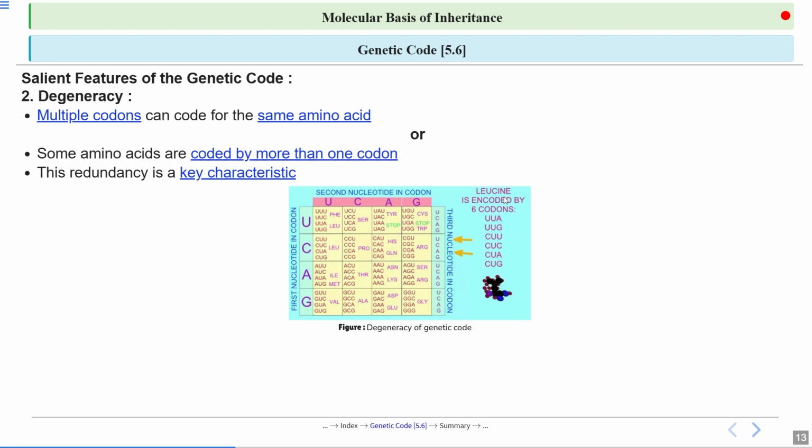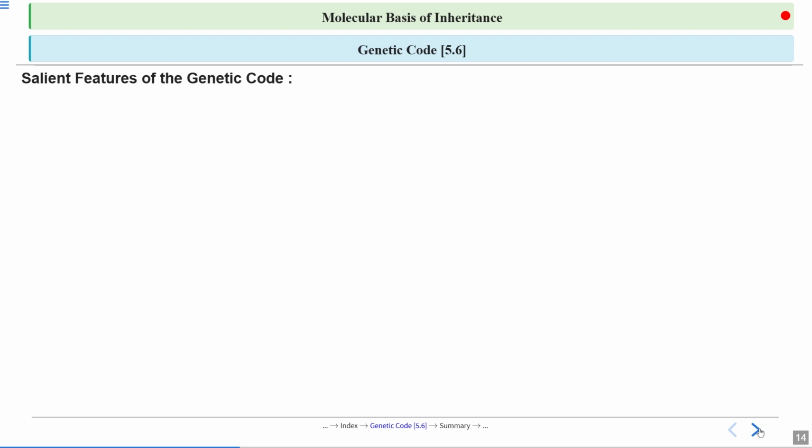And that's the reason why we have said that even though we need only 20 amino acids, there is a presence of 64 codons. Why? Because multiple codons can code for the same amino acid. This is one of the key characteristics of the genetic code.